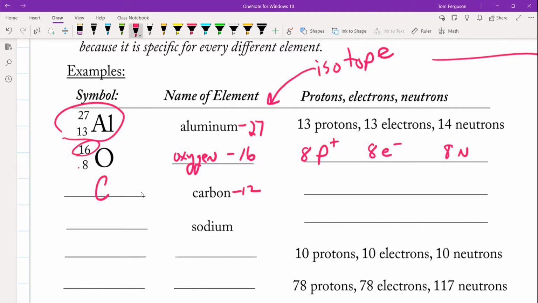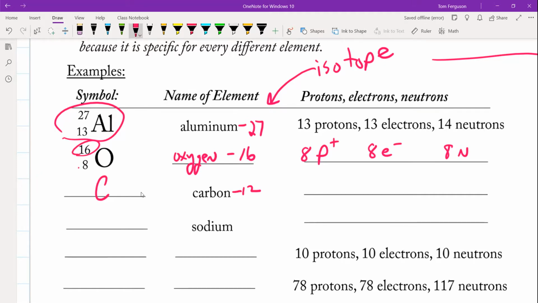So CO and Co are not the same. CO, big C, big O is carbon monoxide, big C, little o is cobalt. So you have to be very careful when you're writing your letters, whether it's uppercase or lowercase.